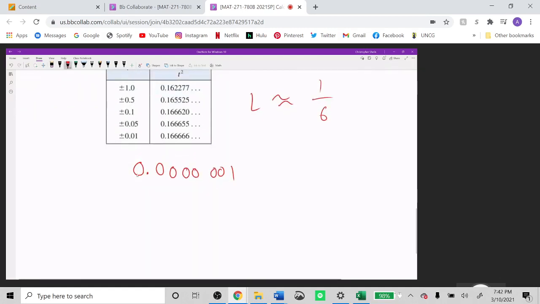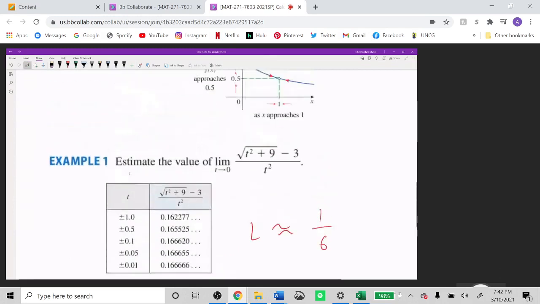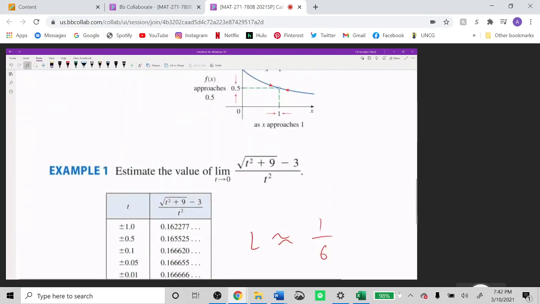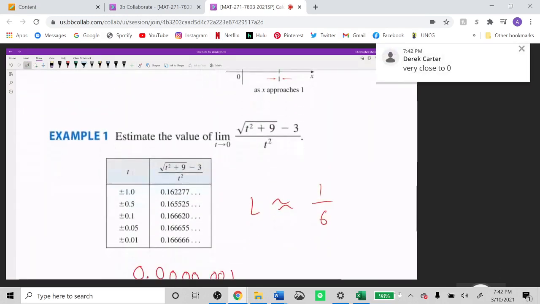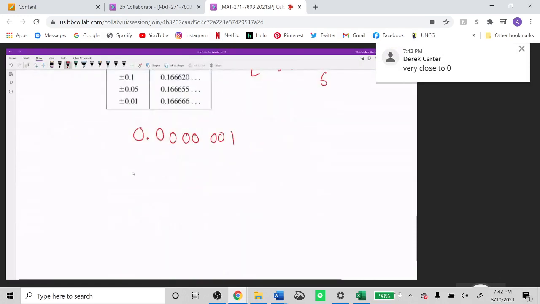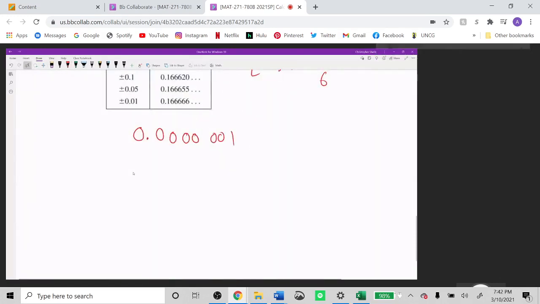Gives us something that's really, really close to 0, doesn't it? So is my limit equal to 0, instead of 1/6?